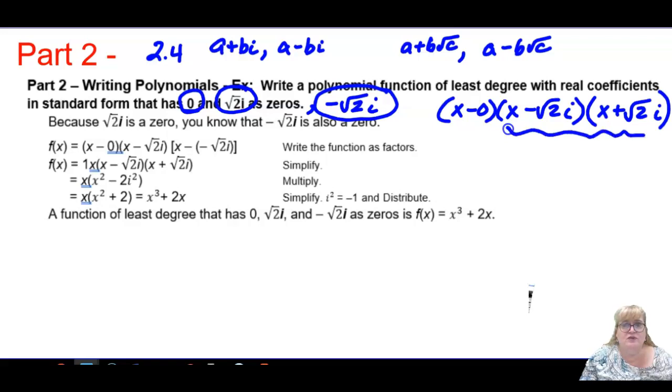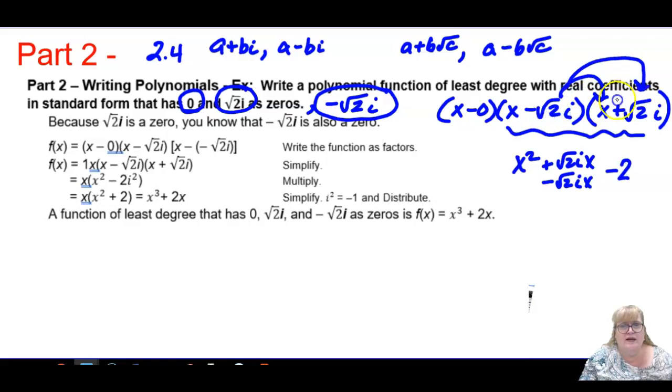So we need to multiply this together. So very carefully, x times x is x squared. x times square root of 2i would be square root of 2i times x. Then when I distribute this negative, it's going to be the same thing, negative square root of 2i times x. And then negative times a positive back here would be negative square root of 2 times square root of 2, I'm doing this one now, would be 2.